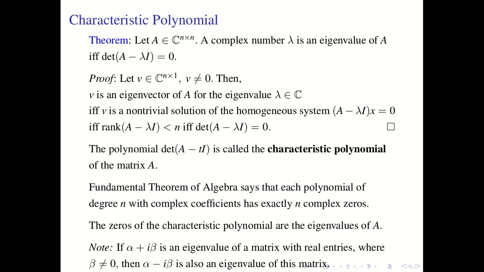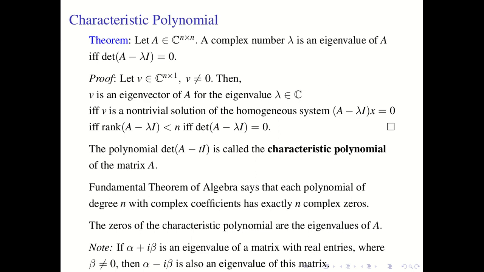Now if all the entries of the matrix A are real, then the characteristic polynomial is a real polynomial, and if you have a complex root, then we know that the conjugate of this complex root is also a root of this polynomial.